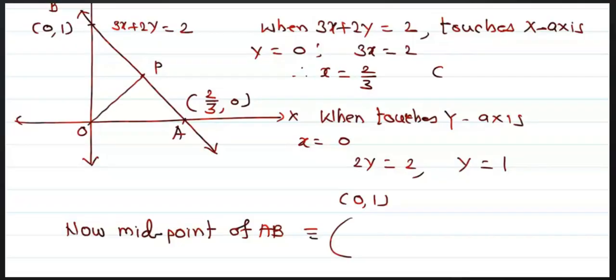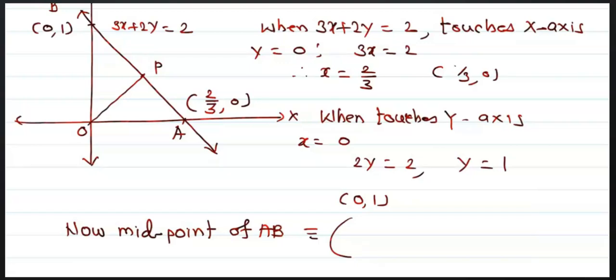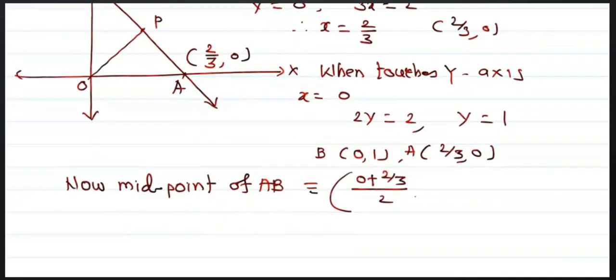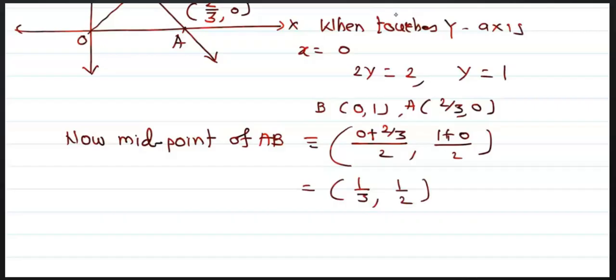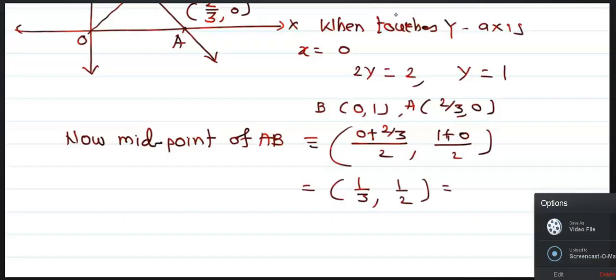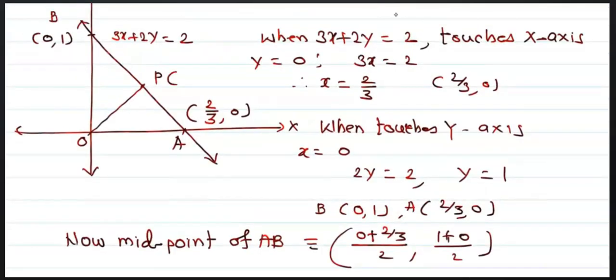Now the points are (2/3, 0) and (0, 1). We find the midpoint: (2/3 plus 0)/2 and (1 plus 0)/2. Then you will get 1/3 and 1/2. Now we'll form the equation of the line through (1/3, 1/2).